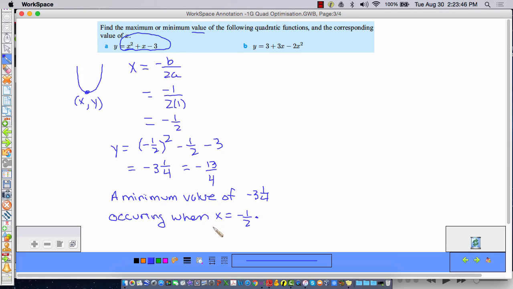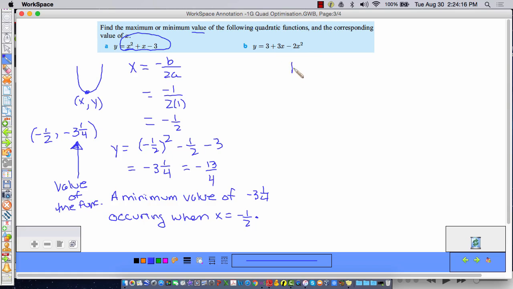Again, the minimum occurs when x equals negative 1/2, and the minimum value is negative 3 1/4. Again, the independent variable, negative 1/2, and the dependent variable, negative 3 1/4, your x and your y. Y depends on the x value, and the x-coordinate and the y-coordinate gives us the value of the function. Always very important to understand that.